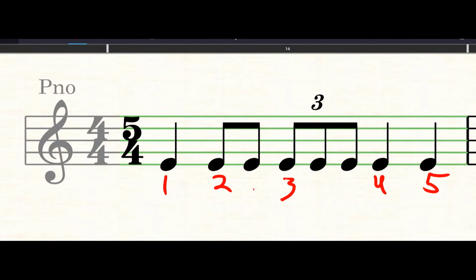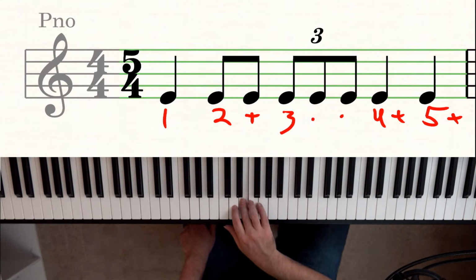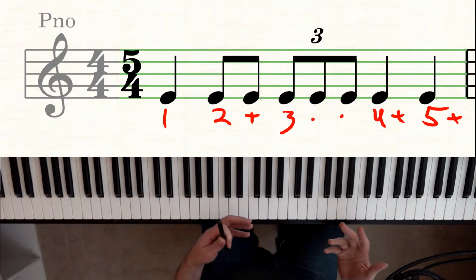Now, how did I know where those 5 beats were? Remember the flags, that they're flagged together when they equal 1 beat. And 2 and 3 triplet, 4 and 5 and. So here's how the rhythm is going to sound. 1 and 2 and 3 triplet, 4 and 5 and. And that's it. It just has another beat on it.